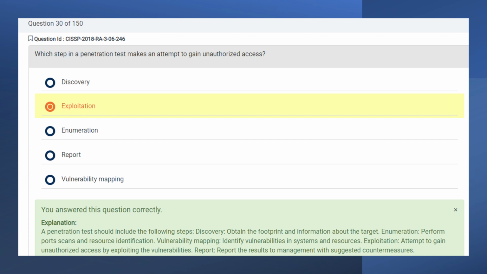Enumeration, where the penetration tester performs port scans and resource identification. Vulnerability mapping, which identifies vulnerabilities in systems and resources. Exploitation, which attempts to gain unauthorized access by exploiting the vulnerabilities. And finally, the report, where the results are given to management with suggested countermeasures.